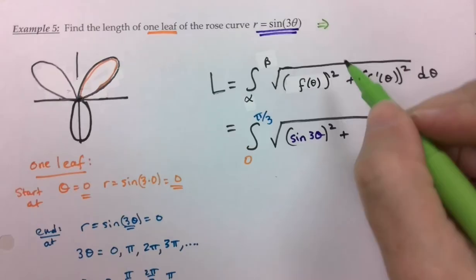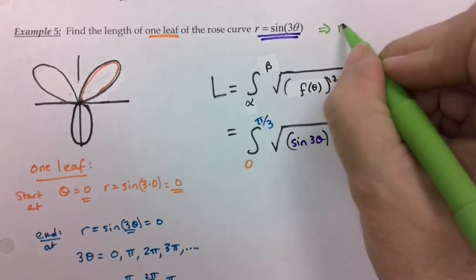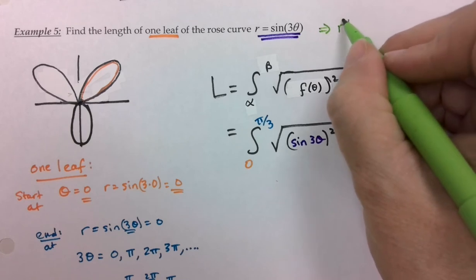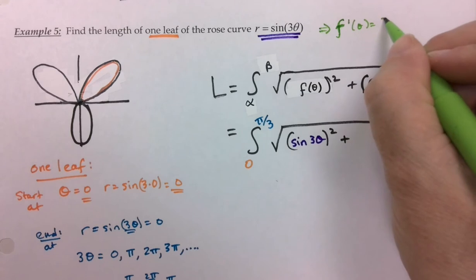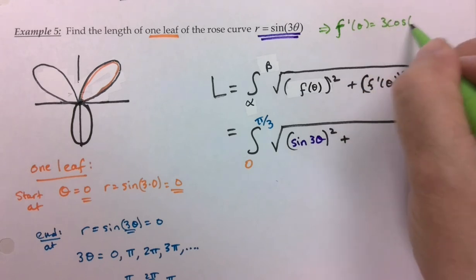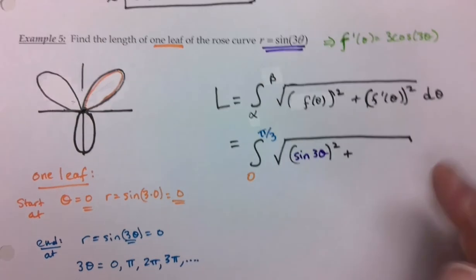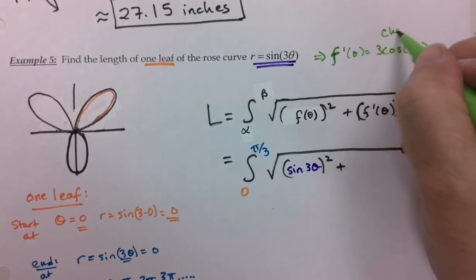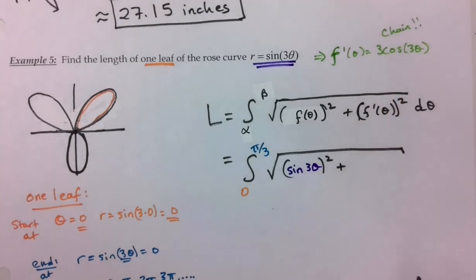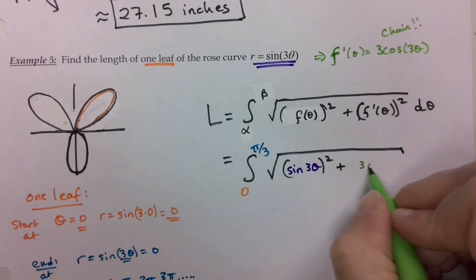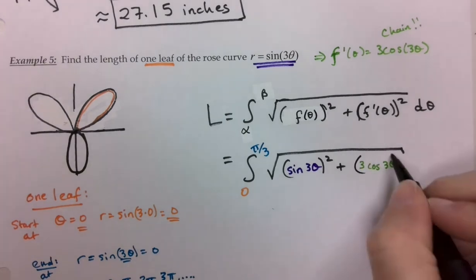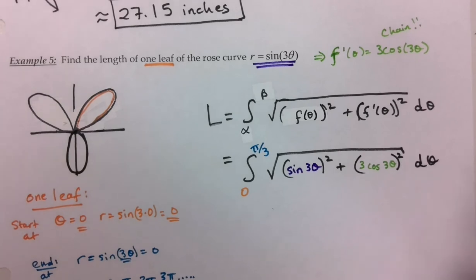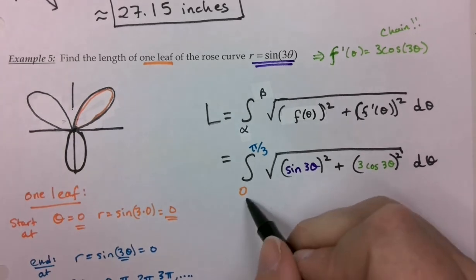If this is f of theta, this is f prime of theta, which would be 3 times the derivative of sine, which is cosine, using chain rule. So you put 3 cosine of 3 theta in here, and you square it, d theta.